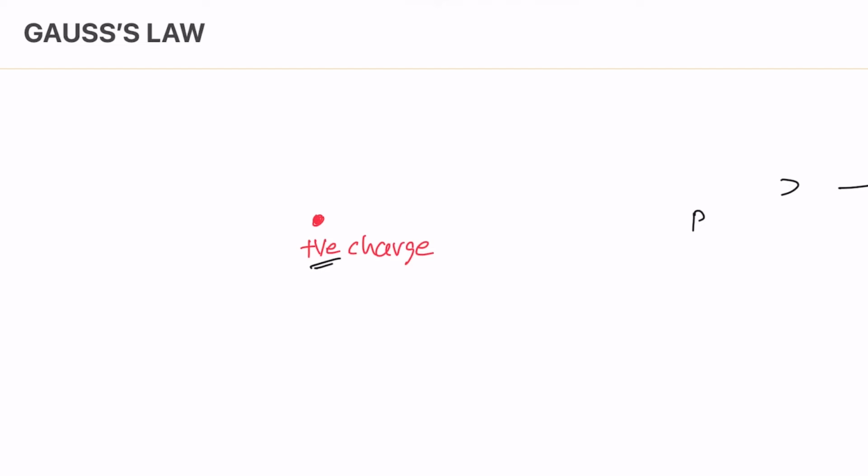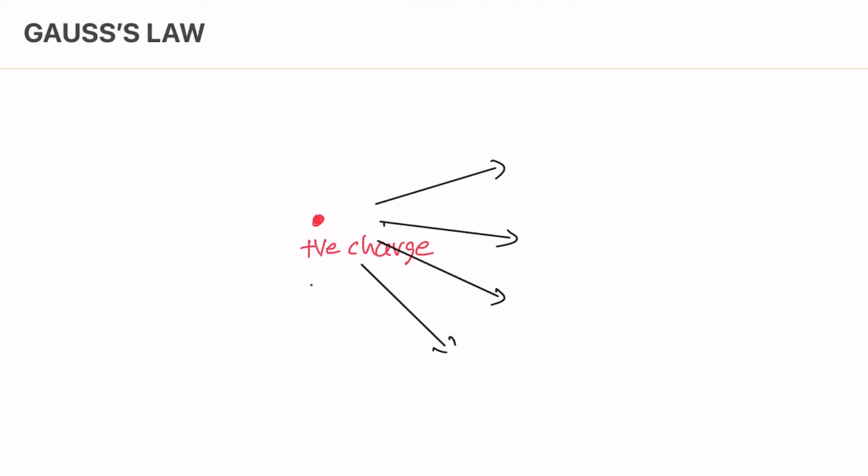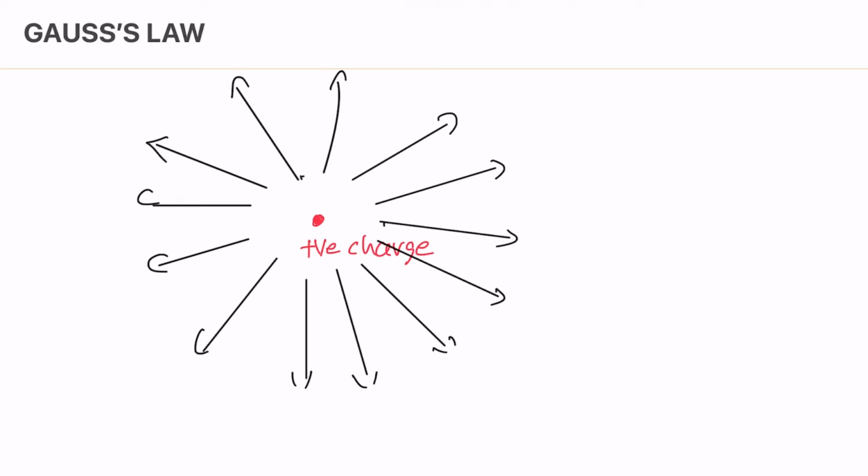So for the positive charge, how to draw the field lines? Look here, these are electric field lines. Suppose we take equidistant points around the positive charge. Okay, so we get it like this.